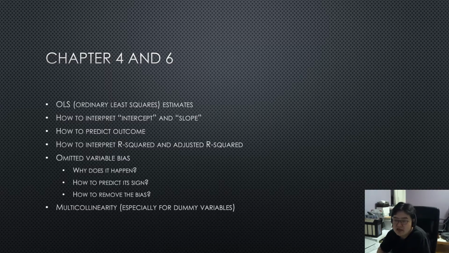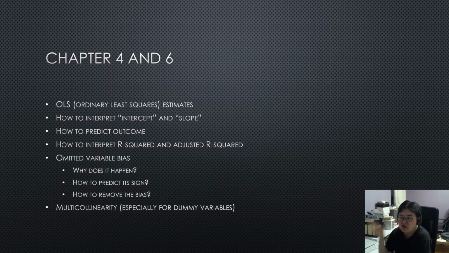Chapter 4 is about single regressor, and chapter 6 extends chapter 4 into multiple regressors. In those chapters, they set up the linear regression models, make notation, and explain the basic terms and how we estimate the model.